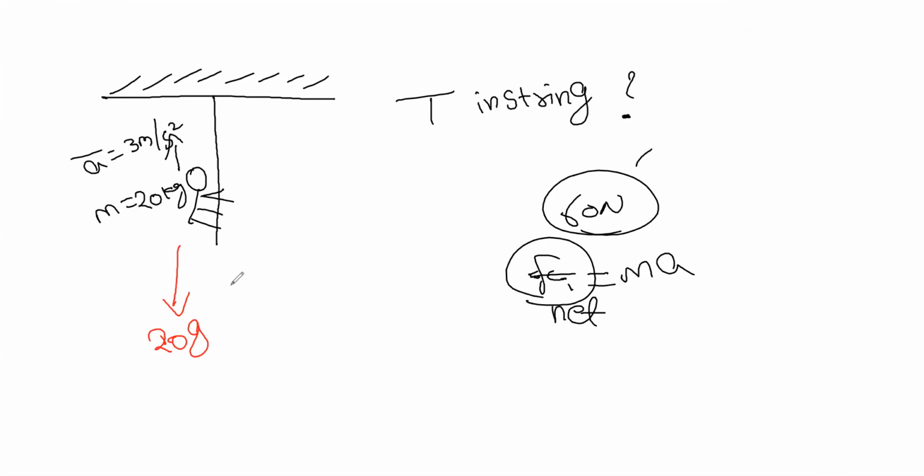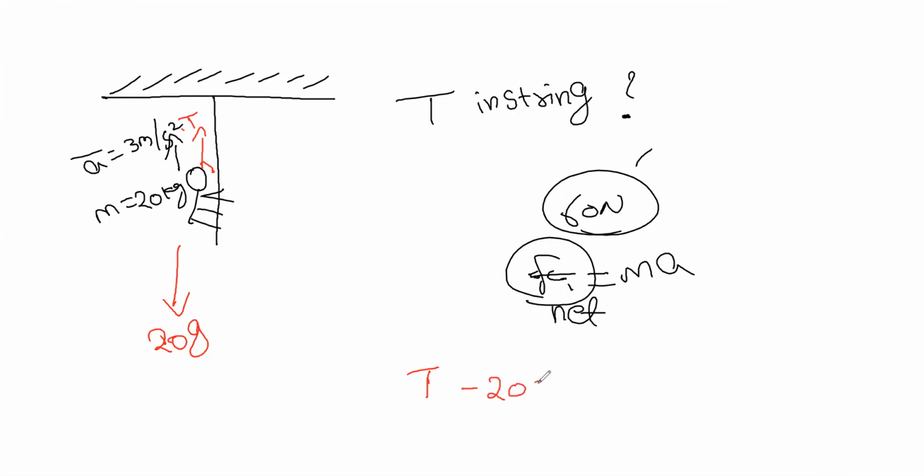Tension, in which direction? Upwards. Tension is upwards, because the monkey is pulling it downwards. So this is the T upward. Now they are the only two forces on this body, so we can calculate it. Because it is moving upwards, we are considering that T is greater.